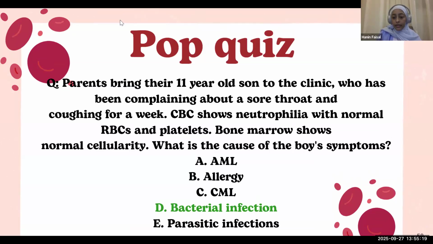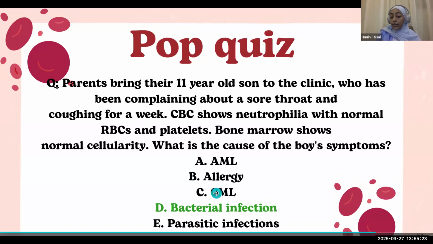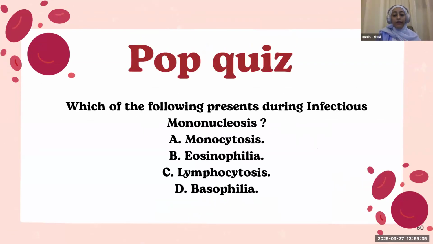Eosinophilia. Exactly, a lot of eosinophils, eosinophilia. In CML, what will you see in chronic myeloid leukemia? Eosinophilia, exactly. Okay, another thing. Which of the following presents during infectious mononucleosis?